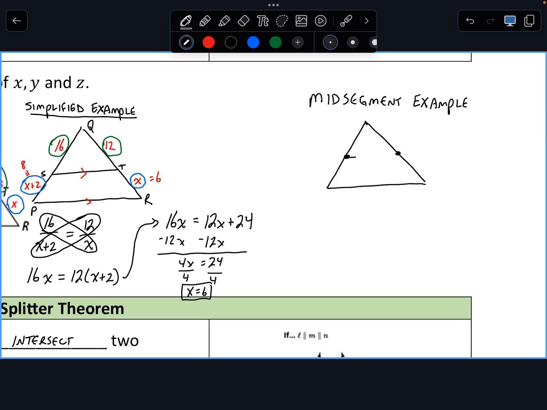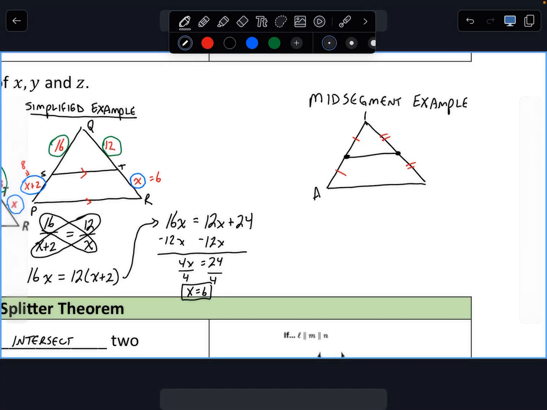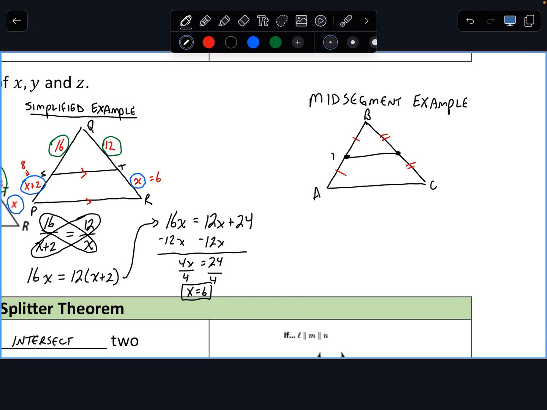So I'm going to make midpoints. How do I know they're midpoints? Well, I'm going to put congruence markings. And let's call this triangle ABC with mid-segment DE. And I'm going to say AC has a length of 24. And I want to find the value of X, which is the length of DE.